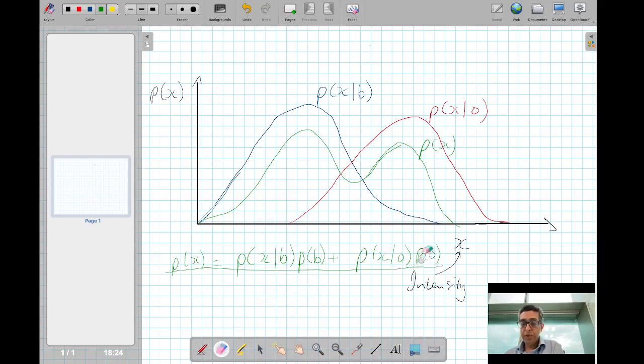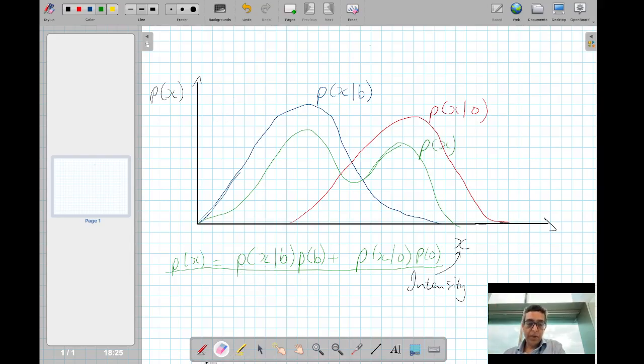Again, I think I use P with a subscript O in the lecture notes. The sum of these two gives me this green trace here. P of B and P of O must sum to 1 because I only have two types of pixel in the image. It's either an object pixel or a background pixel.